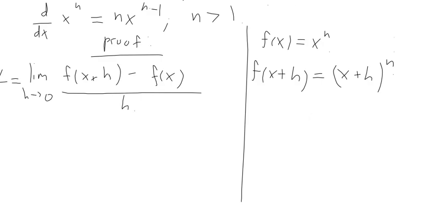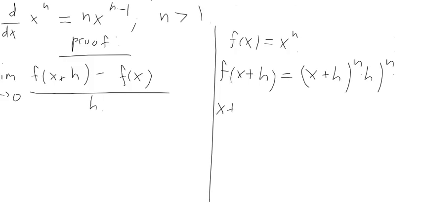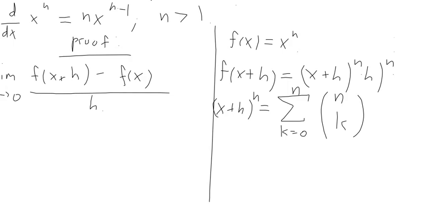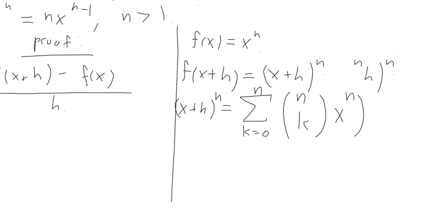But this can be extrapolated more. If you look at x plus h to the n carefully, this is some sort of binomial. So we know that x plus h all to the n is equal to the sum from k equals 0 to n of n choose k of x to the n minus k times h to the k.